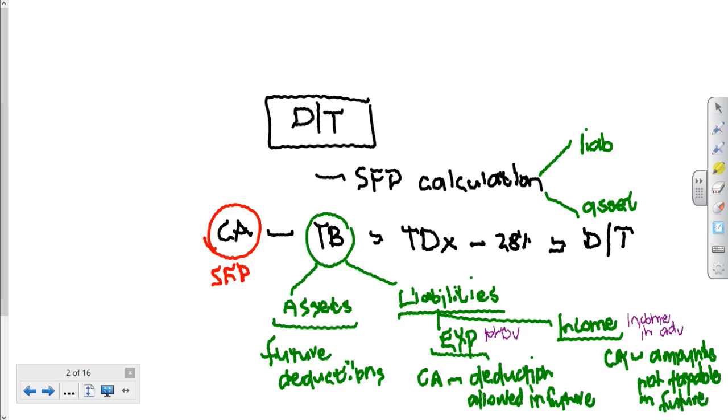So if you look at that one, it's expense, it's carrying amount, less amounts deducted in future. This one is income, it's usually the other way, isn't it? It's carrying amount, less amounts not taxable in future. Because expenses are deductible, income is taxable. Okay, so that's tax base.